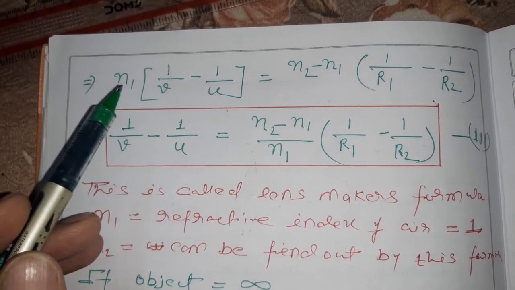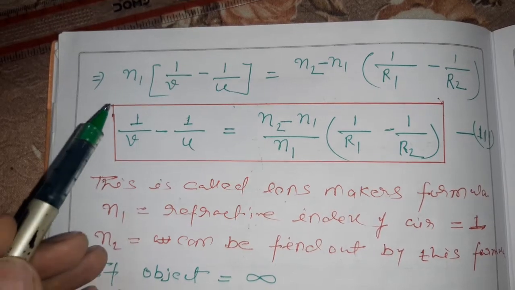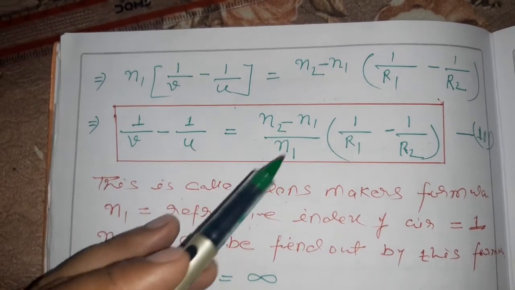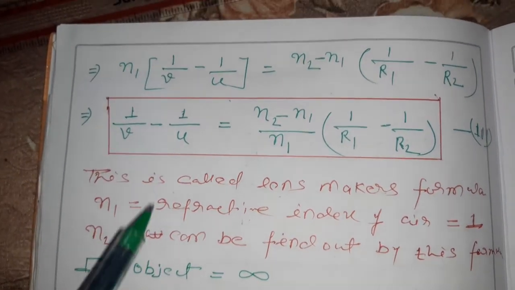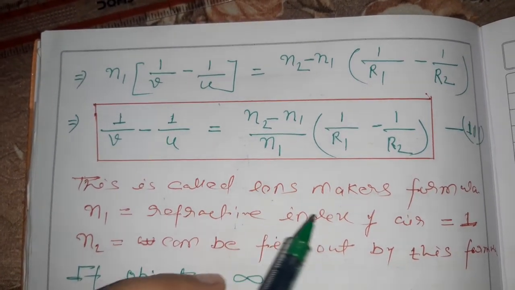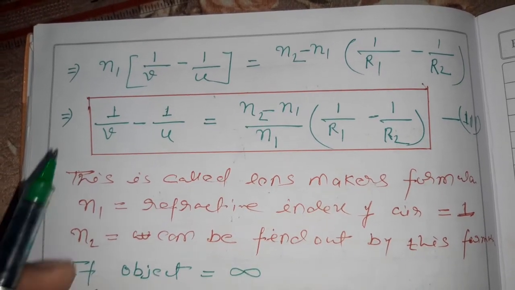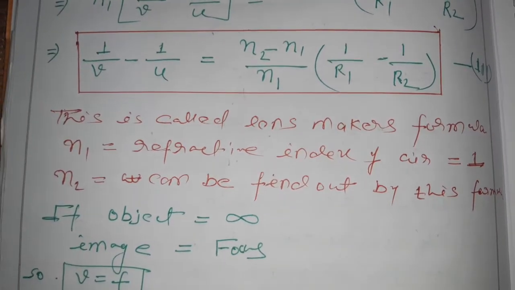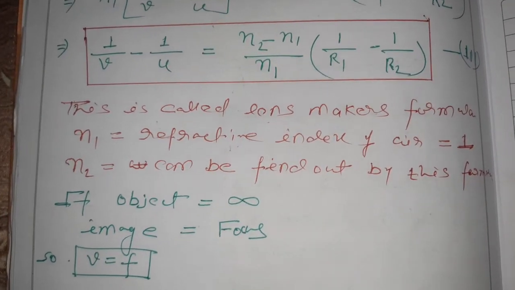This n1 becomes the denominator of n2 minus n1, so 1 upon v minus 1 upon u equals n2 minus n1 upon n1 into 1 upon r1 minus 1 upon r2. This is called the lens maker's formula. n1 is the refractive index of air, that is always 1, and n2 can be found by this formula.